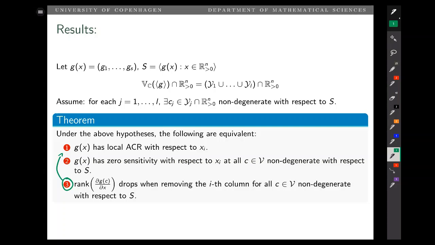Yeah, and this way you relate all of them. So you can check local ACR, which is necessary for ACR, and in some cases the same, by looking at this drop of rank of the matrix. And you can tell me, well, but here you are computing this Jacobian matrix, and you need to evaluate at all the non-degenerate points in your steady-state variety.